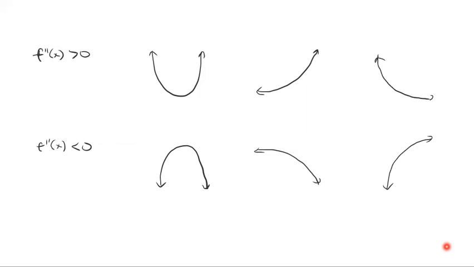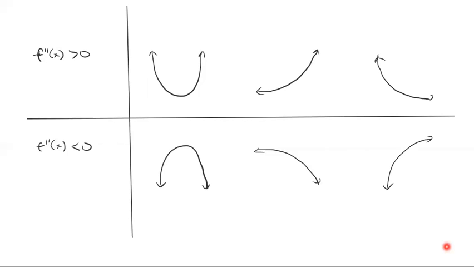So we're trying to find something to distinguish between the top three and the bottom three. Now we know from drawing it out that the top three are second derivative is positive for the whole curve. The bottom three are the second derivative is negative throughout the whole curve.